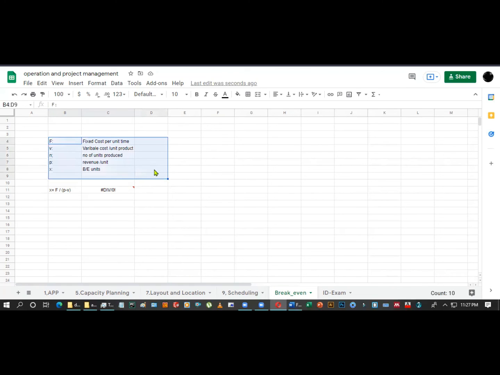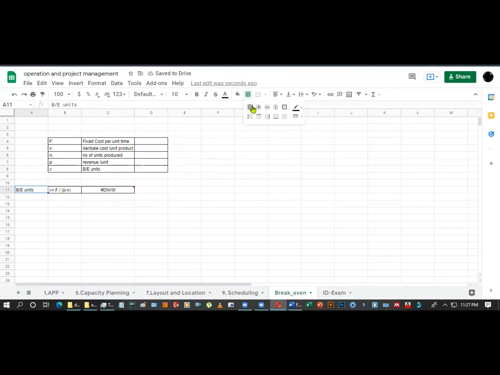So let me put the border here and here, and call it break even units. When we put values in here, it will show the number of break-even units of any kind of product.